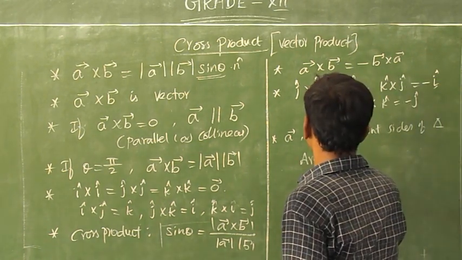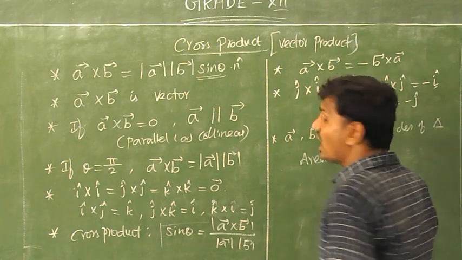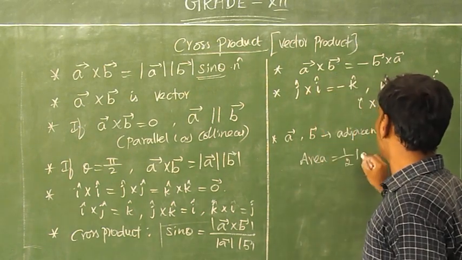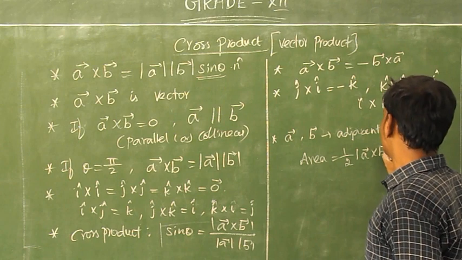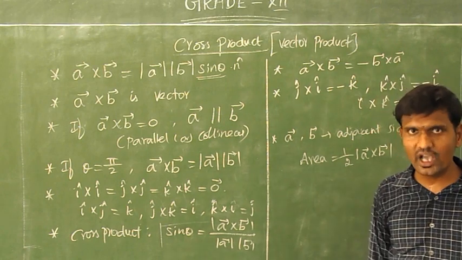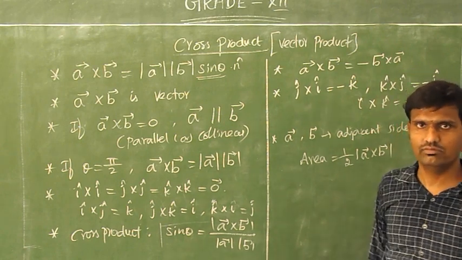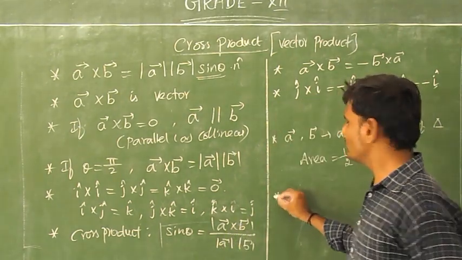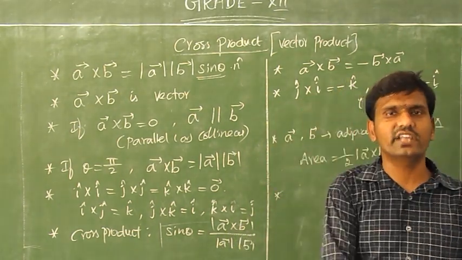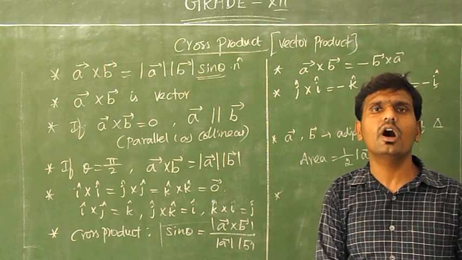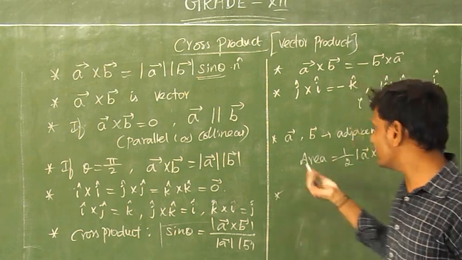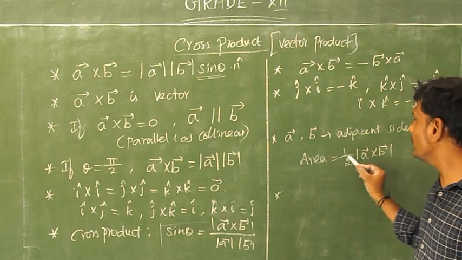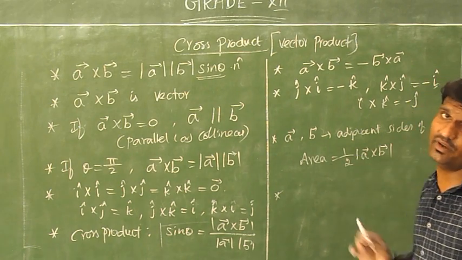The area of a triangle is equal to 1/2 into modulus of a vector cross b vector. So this is your area of a triangle formula. Have you got it, children? It is not a different thing. Already you know that the area of a triangle is normally half into base into height. So in the vector product it is half into modulus of a vector cross b vector.